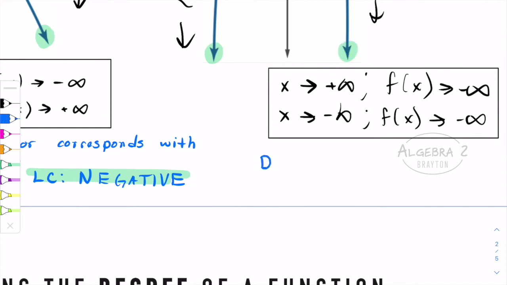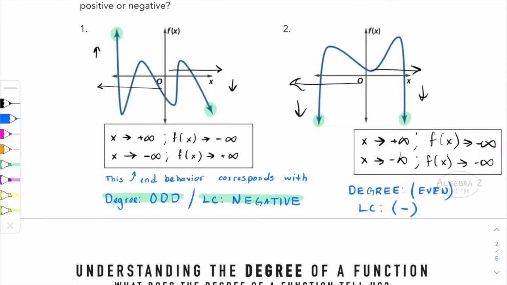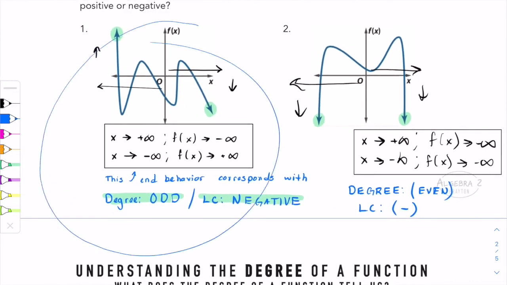It's the bottom left side of the chart. So number 1 corresponds with the bottom right side of the chart, and number 2 is the bottom left side of the chart.